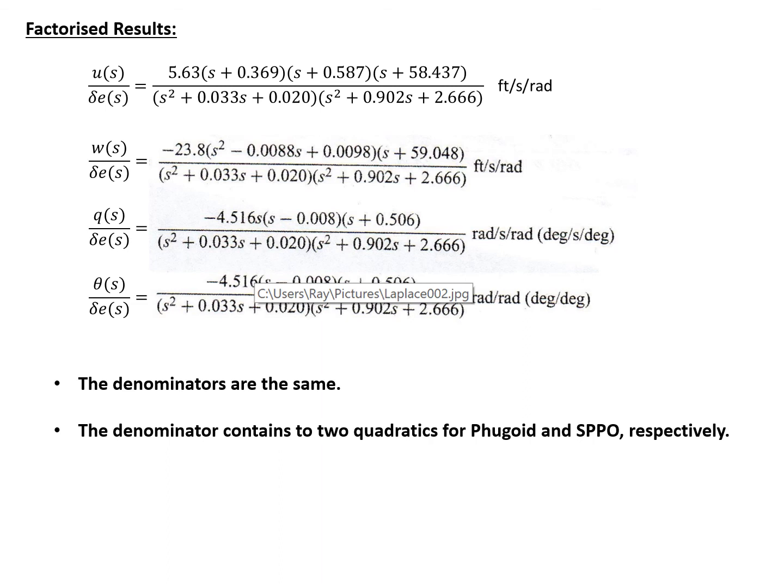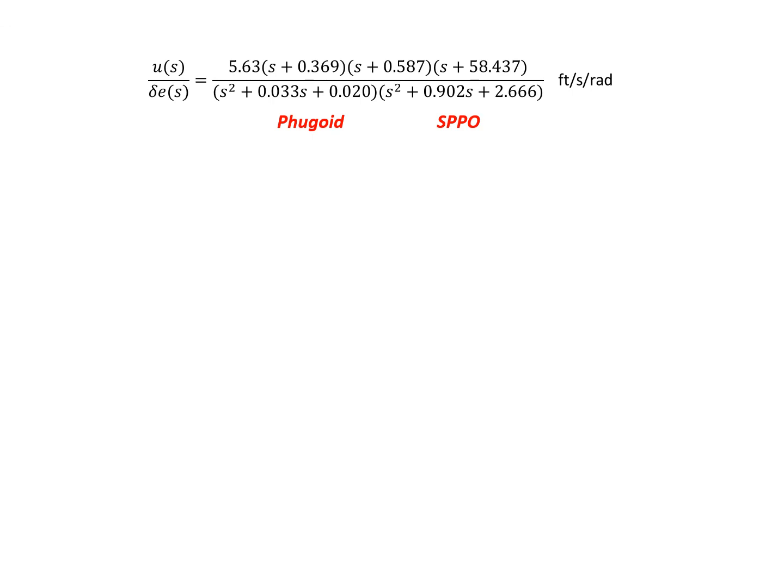So I think the following steps are quite clear and straightforward: we just compare the quadratic equation with the simple harmonic oscillation. I'm taking U over delta E as an example. The first denominator is the Phugoid mode, and the second is the short period pitching oscillation.